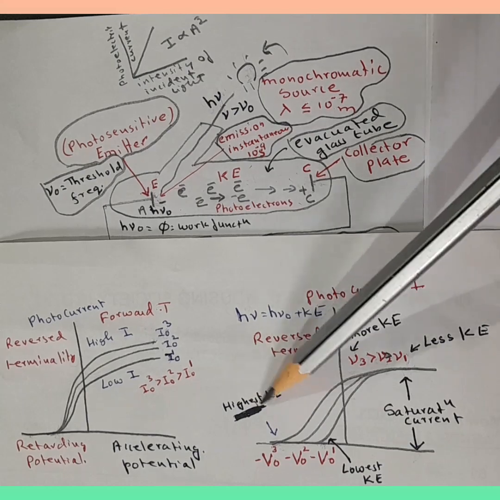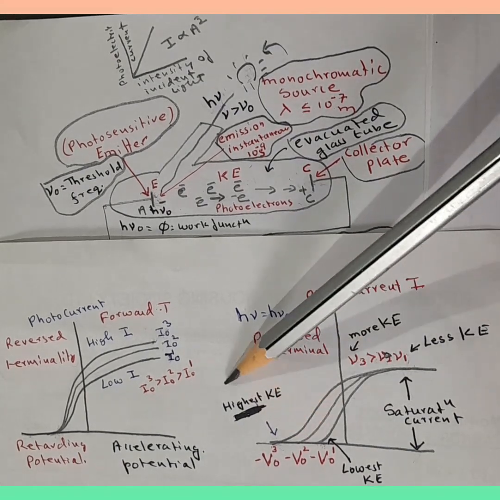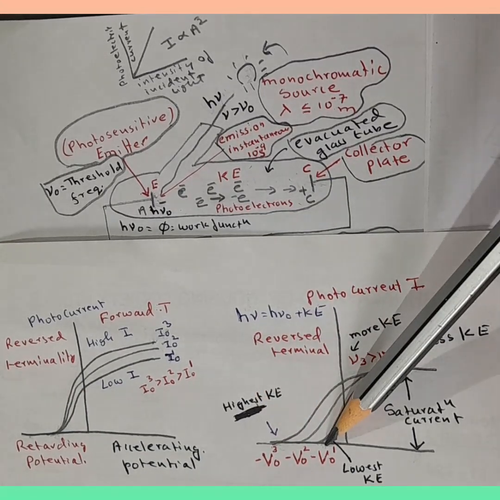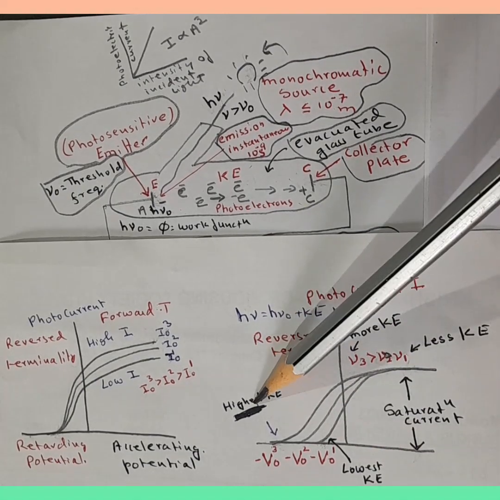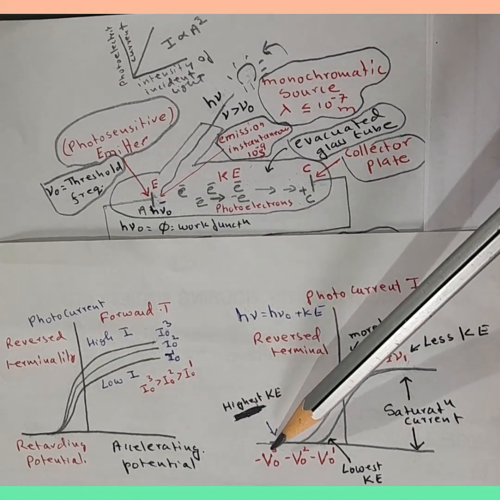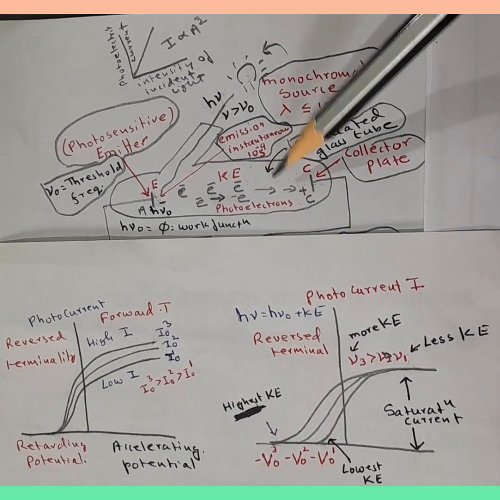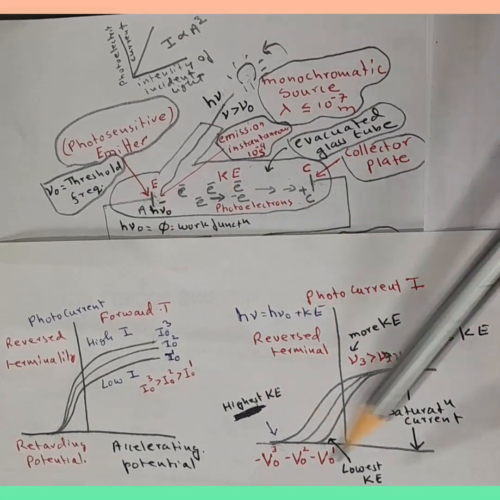We already expected this to be highest because kinetic energy was highest in this case and lowest in this case. So for the highest kinetic energy you require a higher stopping potential to stop the electrons from passing out. So this is what the graph represents.